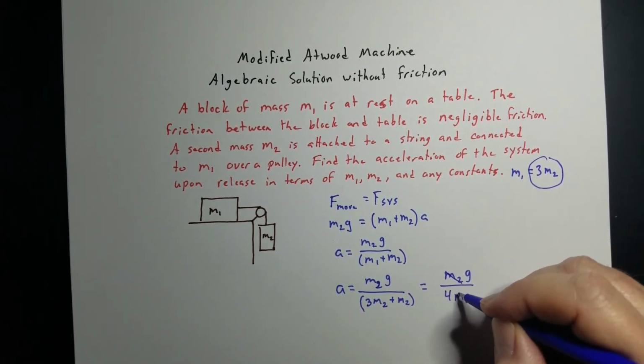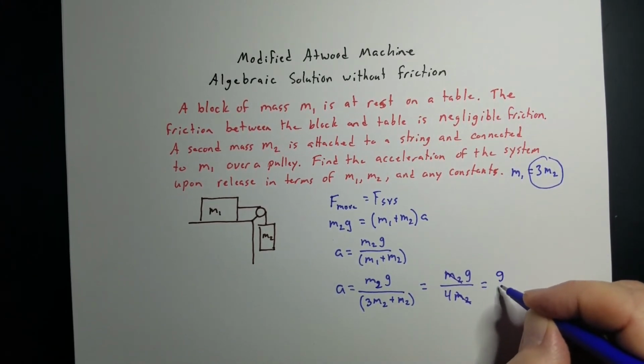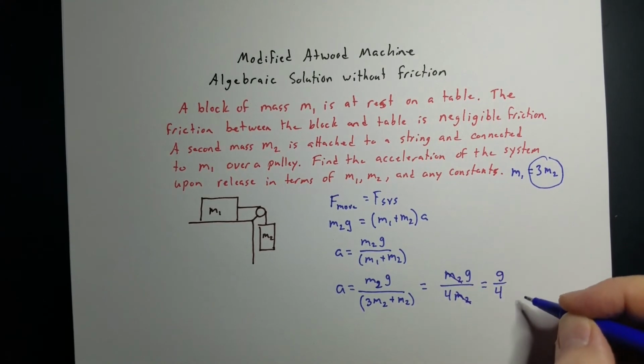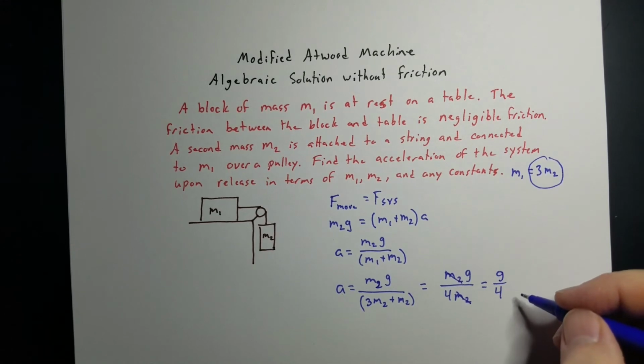But the M2s cancel, and so the acceleration of that system is going to be 1/4 of g. In other words, take 9.8 and divide by 4, and that's what the acceleration would be.